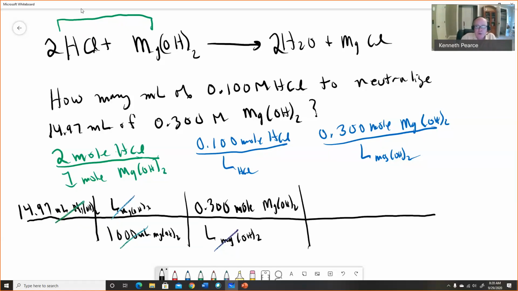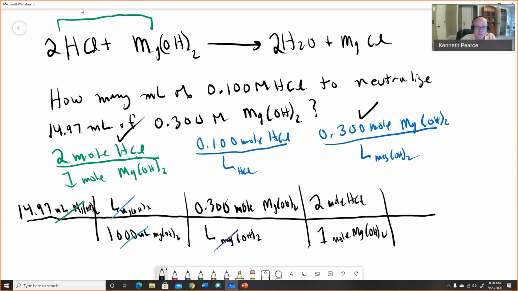And now we need the mole ratio to cancel out the moles of magnesium hydroxide. And so we have 2 mole HCl, hydrochloric acid, for every 1 mole magnesium hydroxide. And then finally, we use our molarity of the hydrochloric acid to get the liters.